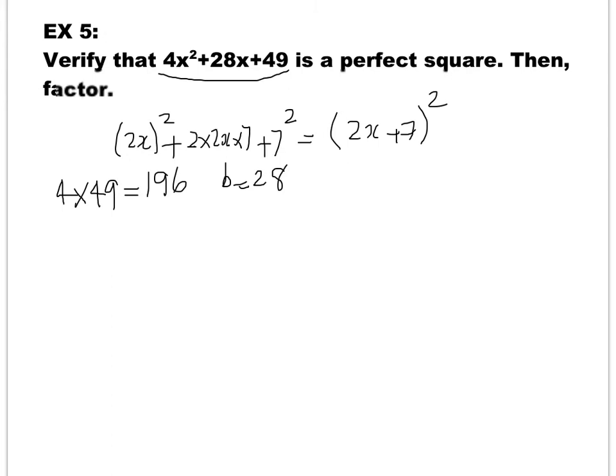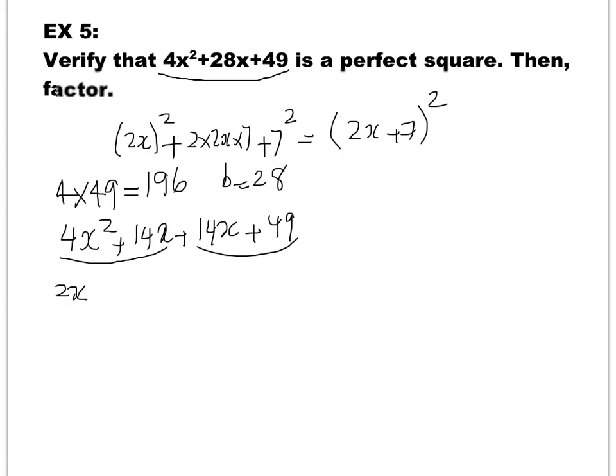So I can write the middle term 28x as 14x plus 14x, plus 49. Now I take these two terms and then these two terms and factor the common one. So from the first one I can take 2x out, so I get 7x plus 7.